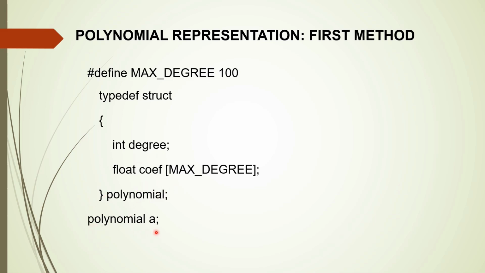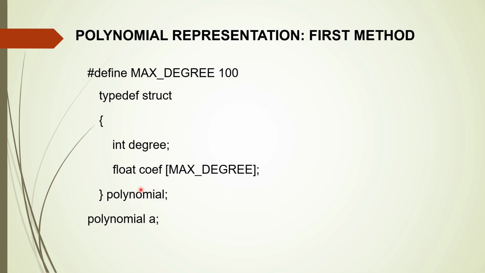you declare a polynomial. So what is the size of the variable a here? As you already studied in the previous session, the size of a structure variable depends purely on the number of structure members and their types. So the first structure member is degree of type integer, so it requires 2 bytes, plus the second member of this structure is coefficient of type float, and it's an array of size 100.